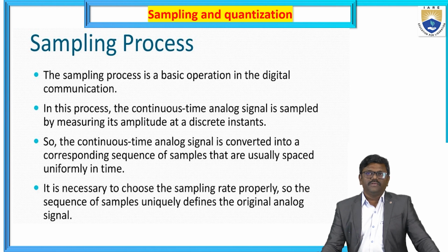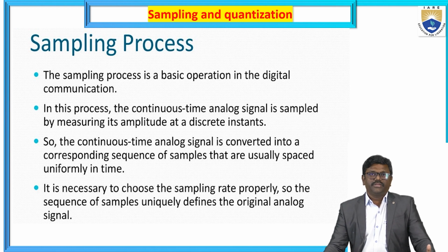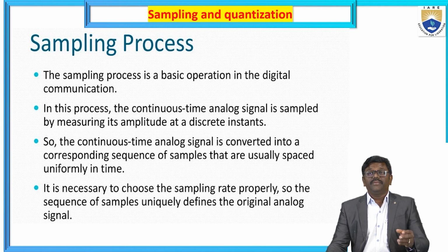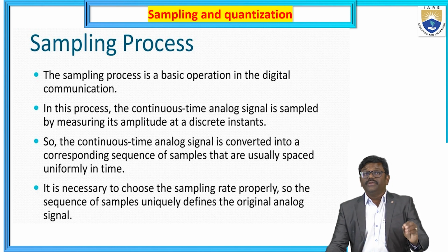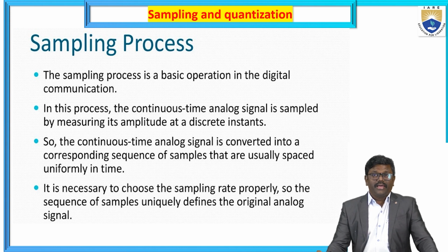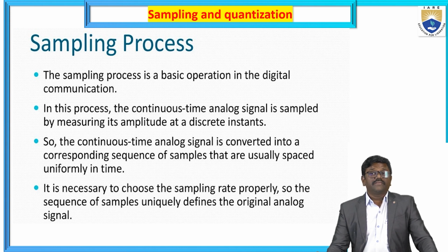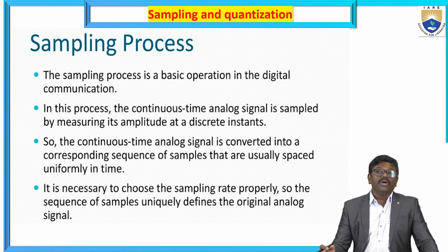Now, the sampling process is a basic operation in digital communication. In this process, a continuous time analog signal is sampled by measuring its amplitude at discrete instances, as I said in the previous slide also. So the continuous time analog signal is converted into a corresponding sequence of samples that are usually spaced uniformly in time.